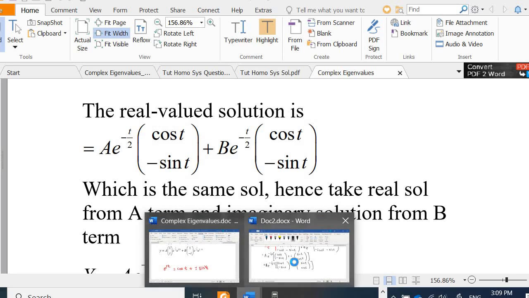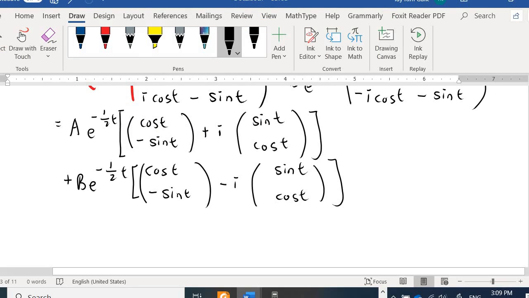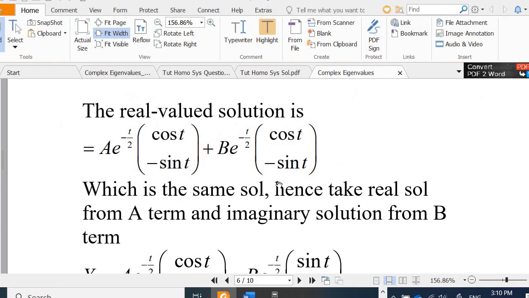In the YouTube one I stopped there, but actually it hasn't finished. Because for the a term and the b term, if you look at the real value here, they are actually the same. This is a exponent negative half t with the vector cos t, negative sin t. For the b term, b exponent negative half t, cos t, negative sin t. They are actually the same, right?